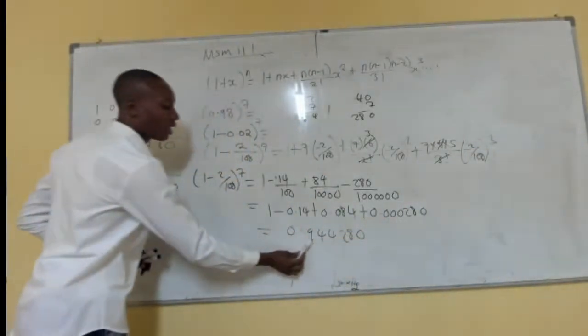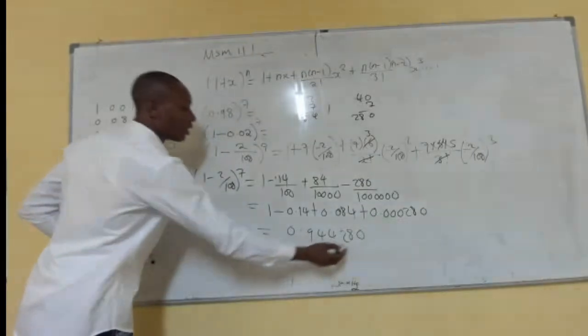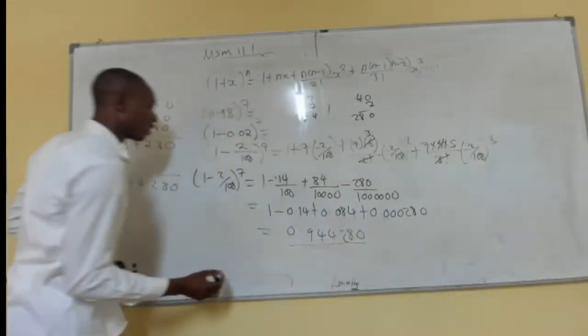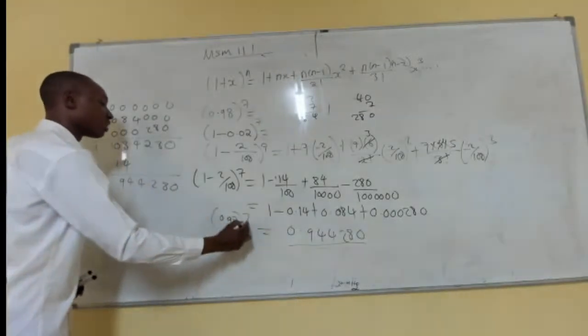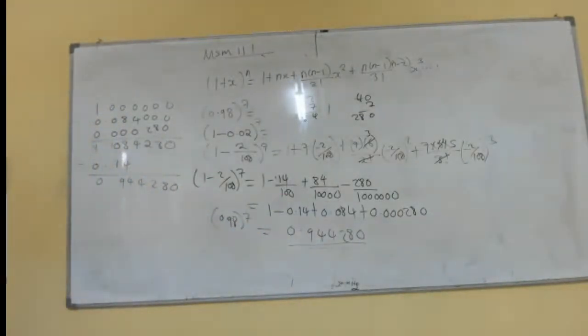If you count 1, 2, 3, 4, 5, this is what we have as our answer. So this is what 0.98 to the power 7 is. I've managed to find 0.98 to the power 7 without the use of a calculator.